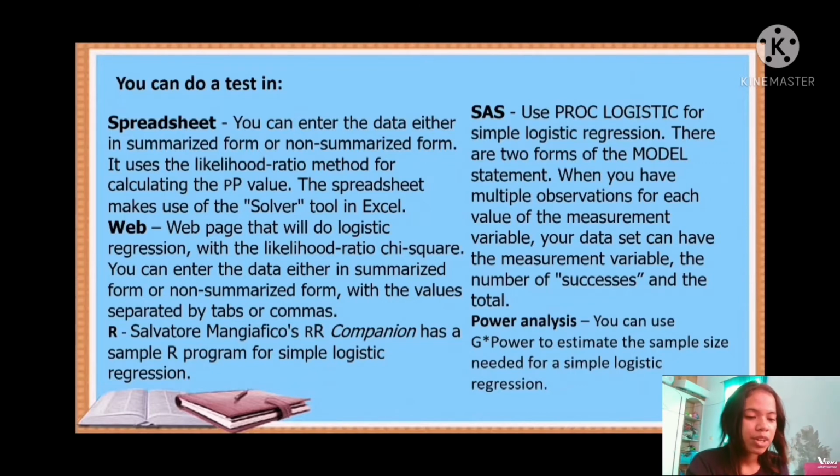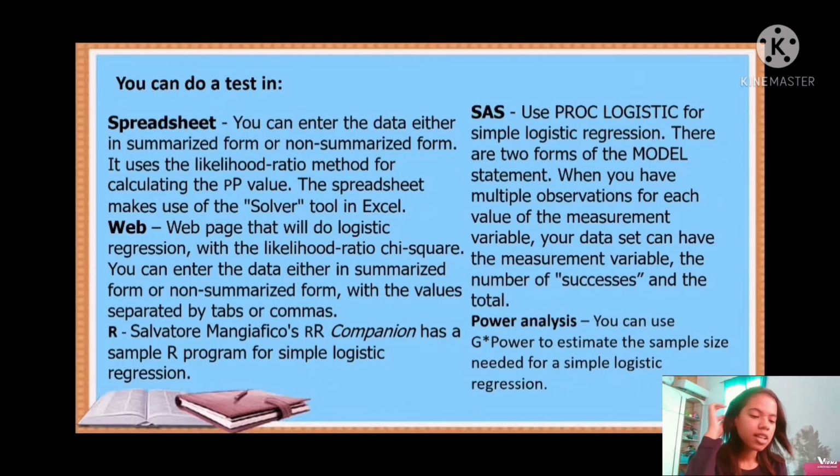Web page: there's a very nice web page that will do logistic regression with the likelihood ratio chi-square. You can enter data either in summarized form or non-summarized form, with the values separated by tabs, which you'll get if you copy and paste from a spreadsheet, or commas.